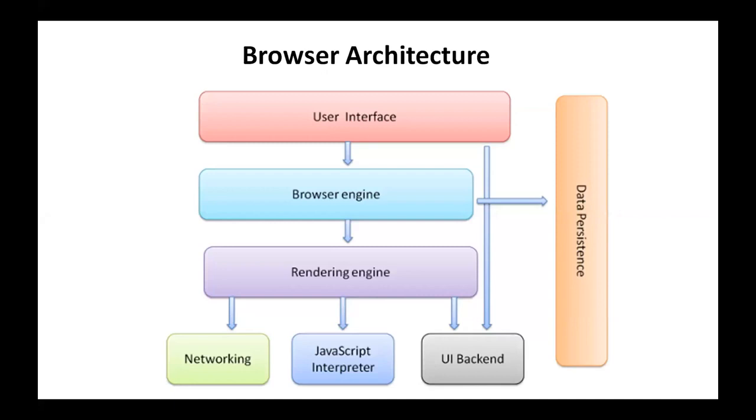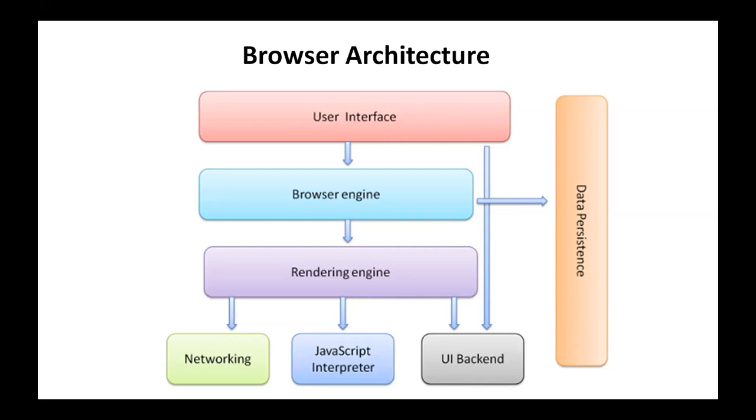This is the basic browser architecture. The user interface is nothing but the UI you are seeing on the browser. The browser engine is responsible for certain activities. What are those? I will tell you now. The rendering engine's responsibility is to generate output.